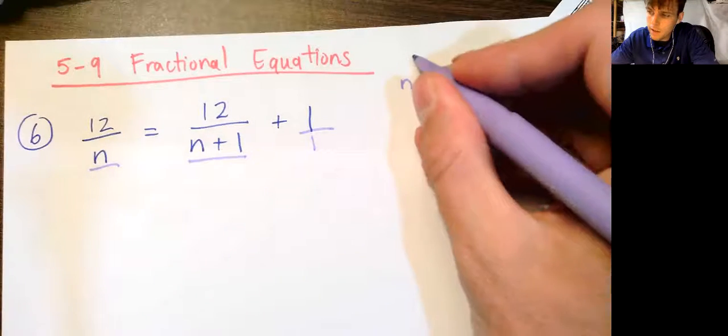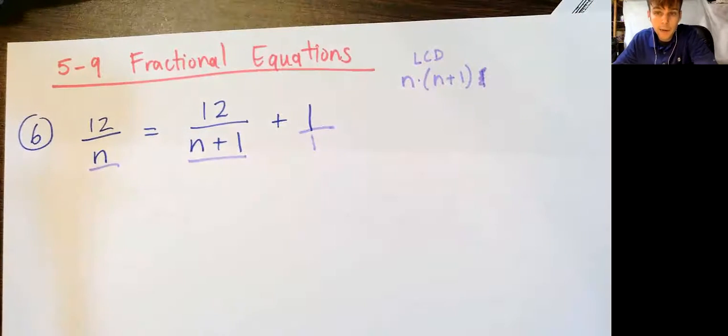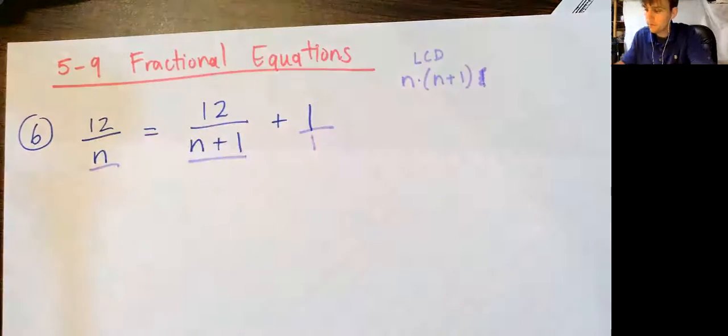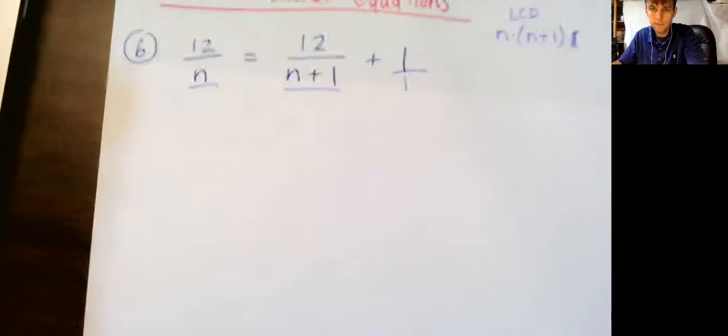So this is going to be our LCD, and we're going to multiply our entire equation by that, distribute to all parts of our equation. So I'm going to go ahead and write this out.